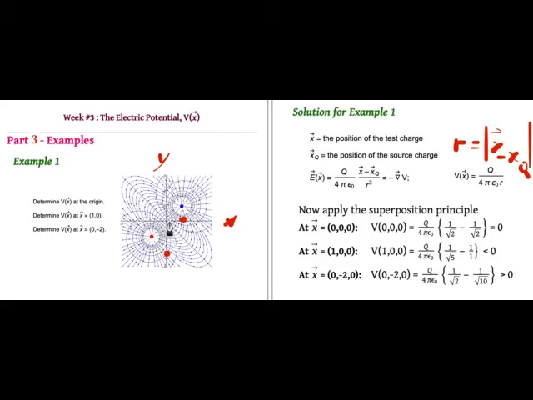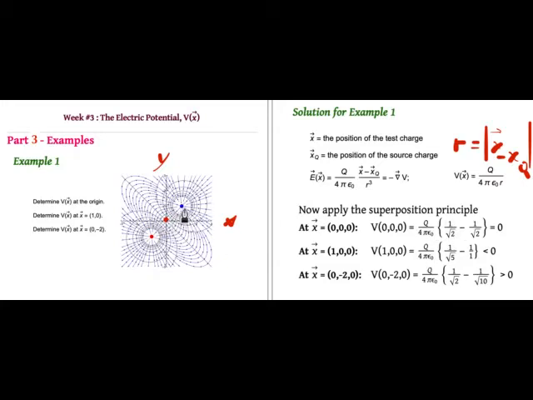So for this part, the point we're considering is the origin. And the distance here is the square root of 2. So I have 1 over the square root of 2.